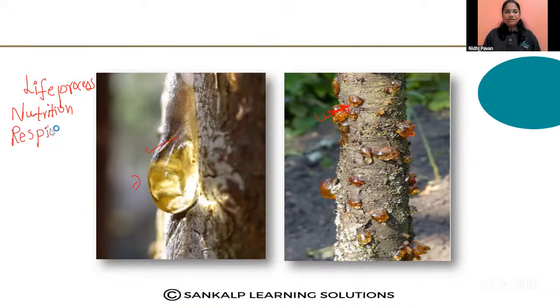So how respiration occurs in human beings and in plants. So in plants, exchange of gases takes place through stomata. Then after respiration, we learned transportation in human beings, that is by circulatory system, in plants by xylem and phloem. After transportation, we learned excretion in human beings and plants.